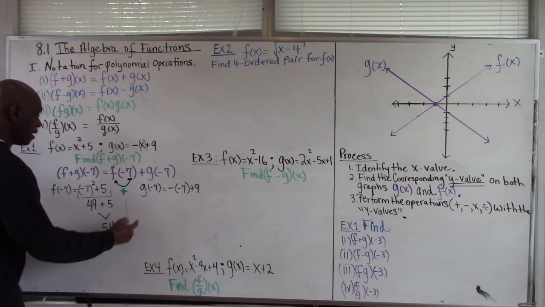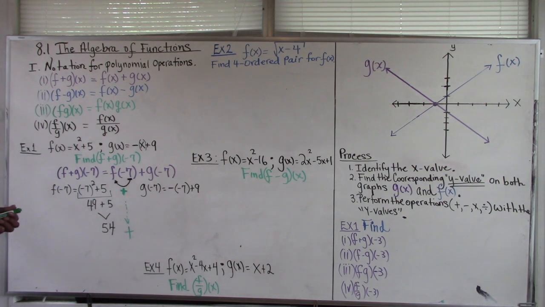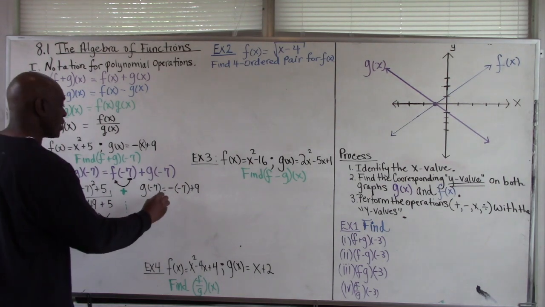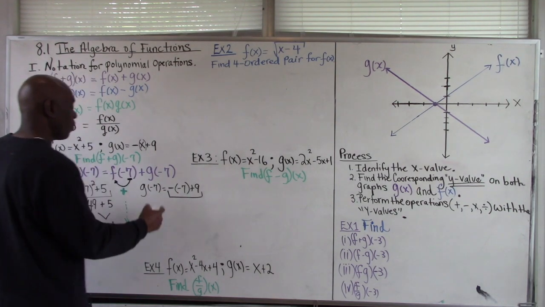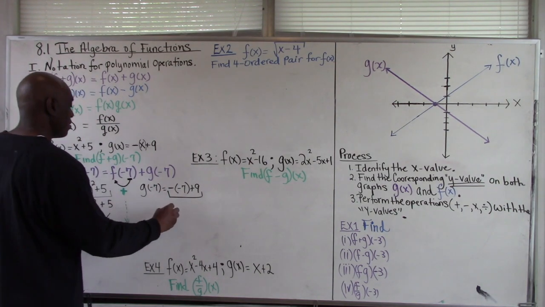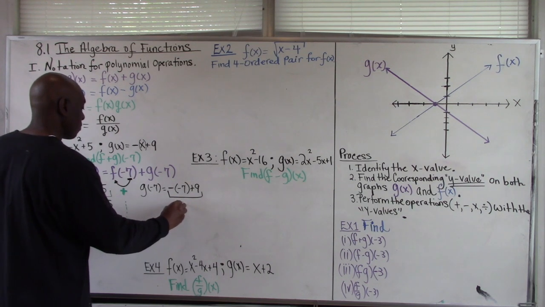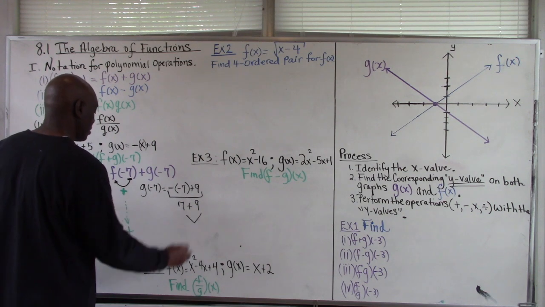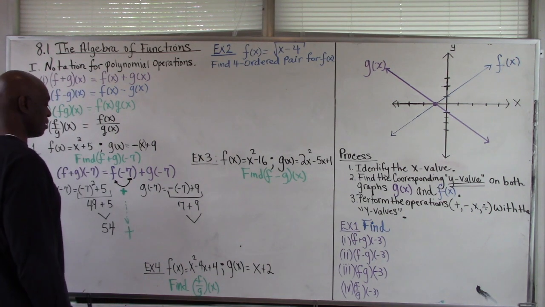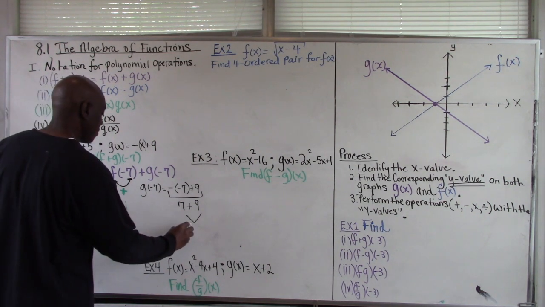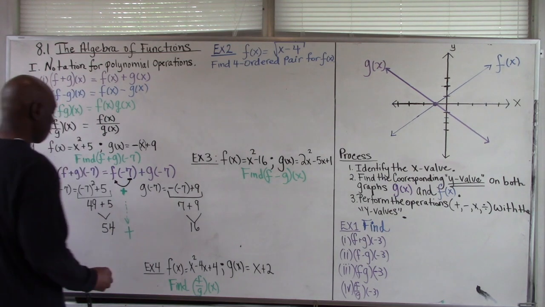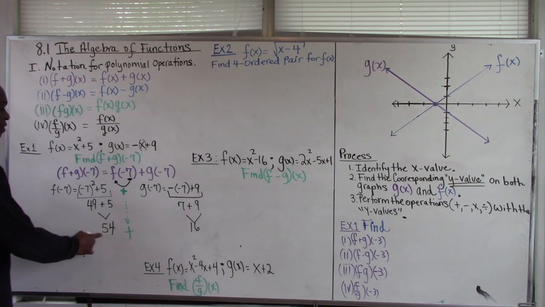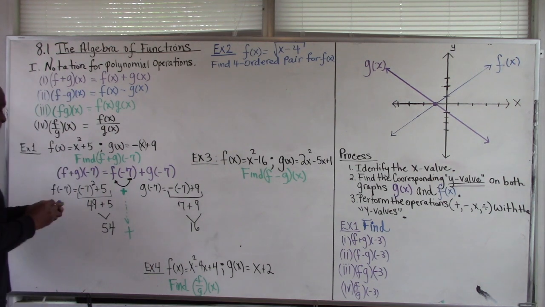Plus, let's see what's over here. Well, the negative of negative 7 is just 7, plus 9. And 7 plus 9 is going to give us 16.